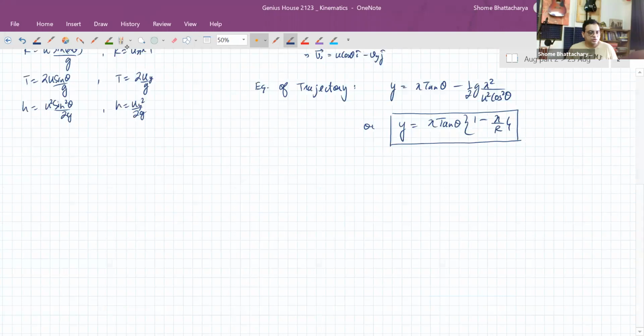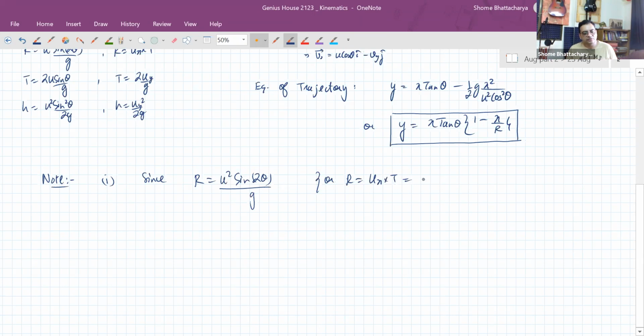So one is the concept of maximum range for a given speed of projection. The range as a formula comes out to be u square sine 2 theta divided by g. As a concept, of course, it is equal to ux multiplied by time of flight, which is ux into 2uy divided by g.